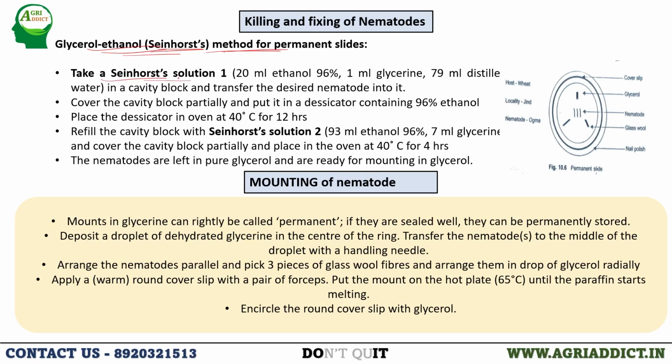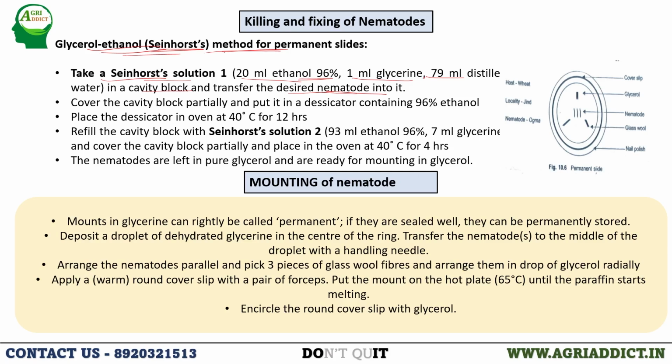Take Seinhorst solution 1 in a cavity block and transfer the desired nematode into it. Seinhorst solution 1 is prepared with 20 ml of 96% ethanol, 1 ml of glycerin, and the remaining 79 ml of distilled water. This is nothing but Seinhorst solution.